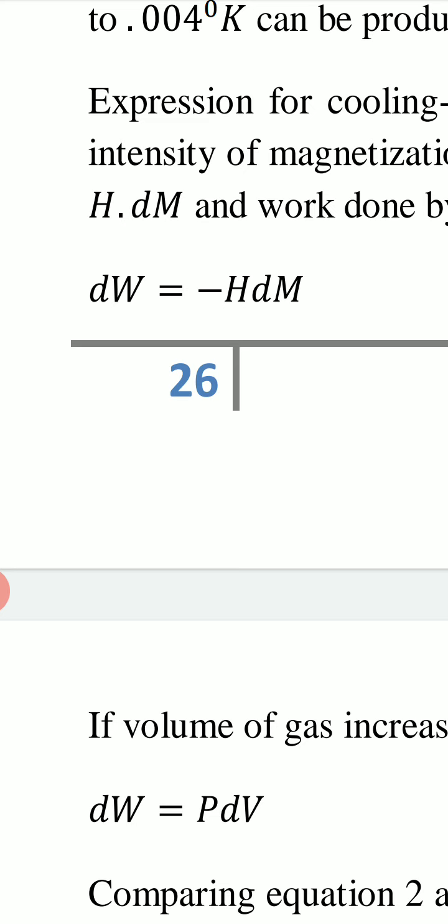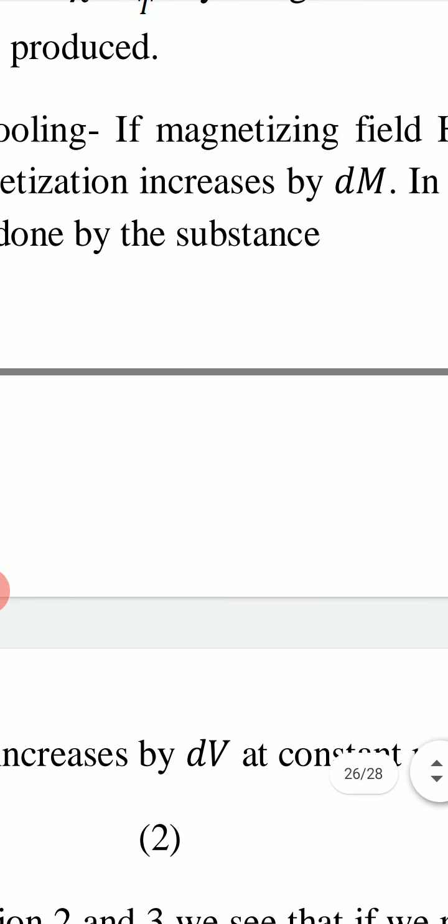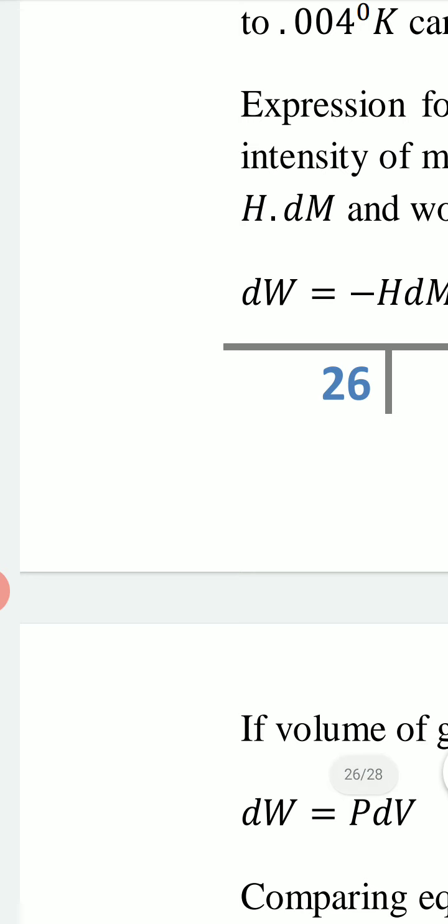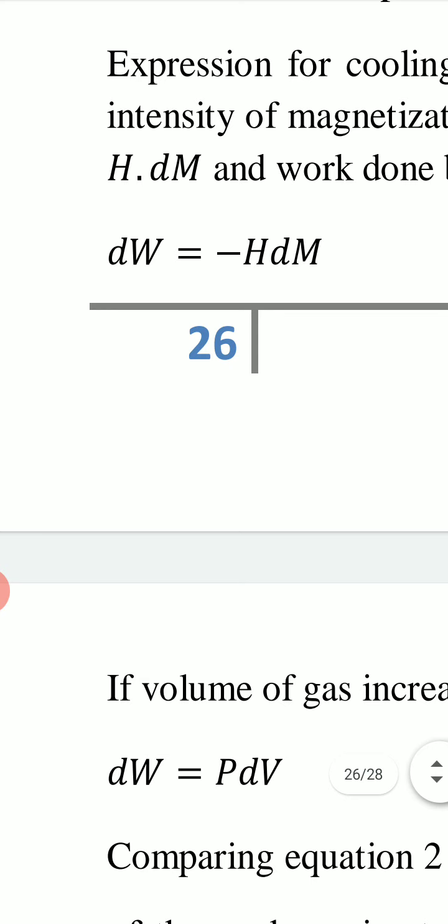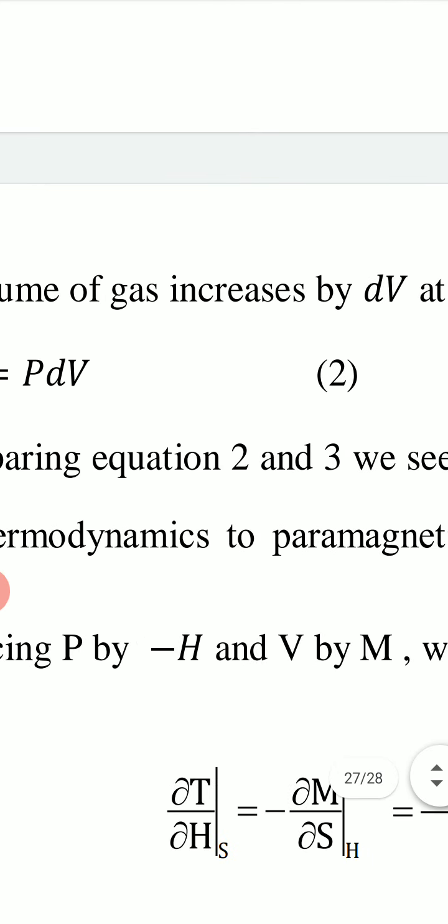So the work done by the substance will be equal to minus H dm. Work done by the substance we write dw, it is equal to minus H dm. Since H dm is the work done by magnetizing field on the substance, so work done by the substance will be negative of it.